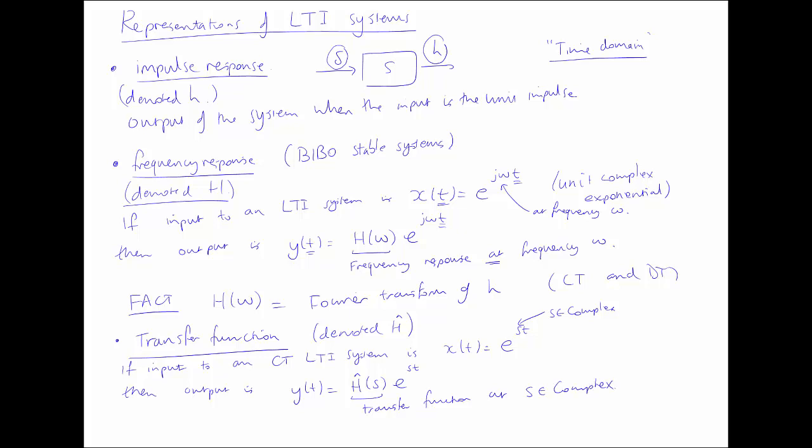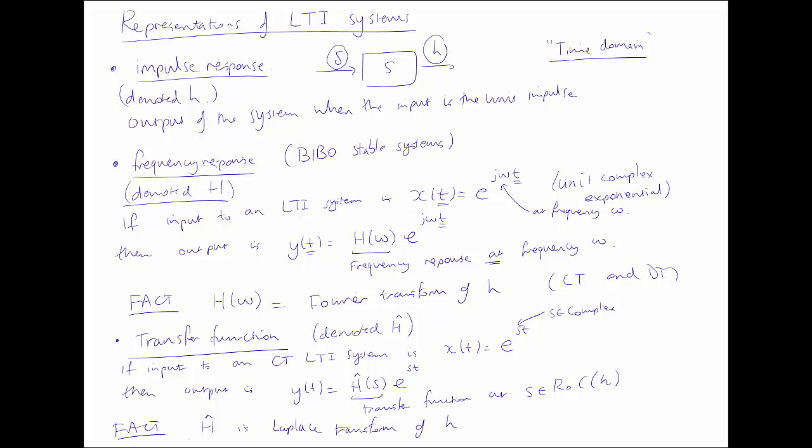In fact, s should not just be complex; for this to make sense, we need s in the region of convergence of the Laplace transform of the impulse response. So what's the corresponding fact? The transfer function is the Laplace transform of the impulse response.